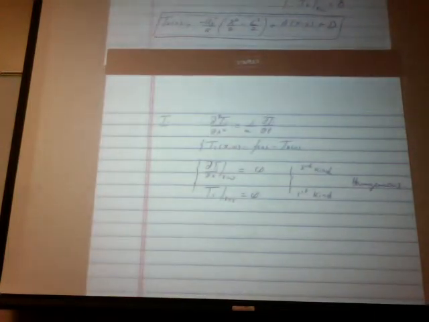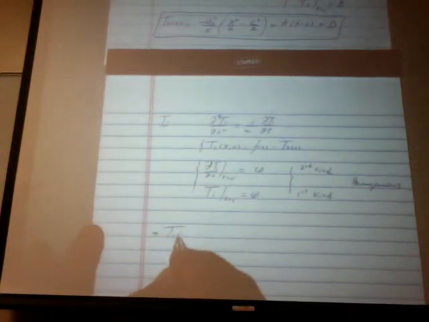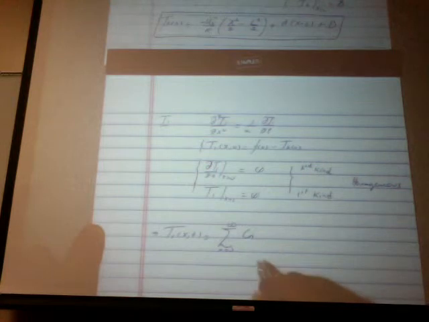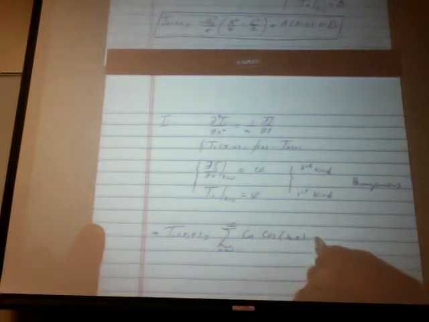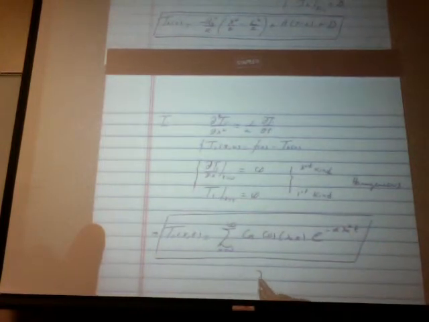So we go through the solution process. T1 of x comma t will be the summation from n equals 0 to infinity of Cn cosine of lambda n x e to the minus alpha lambda n squared t, such that lambda n is equal to pi over 2L times 2n plus 1. Those are the eigenvalues.